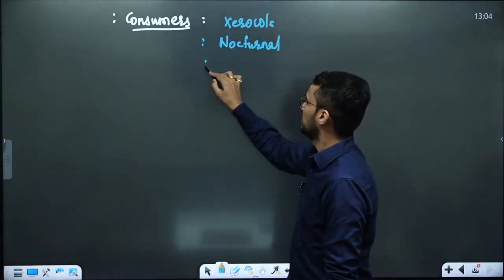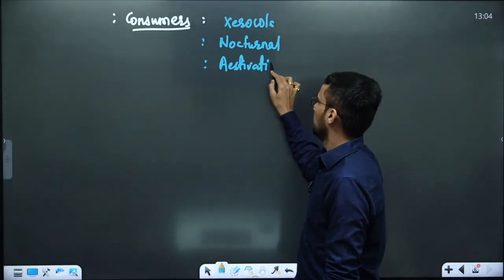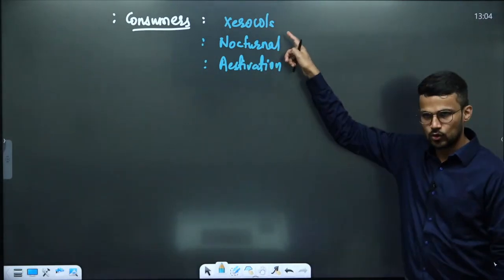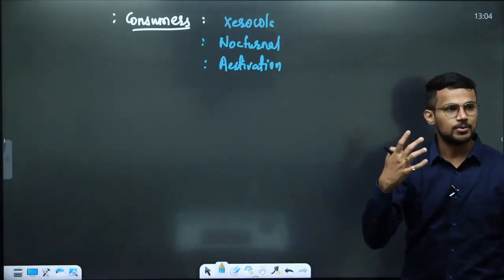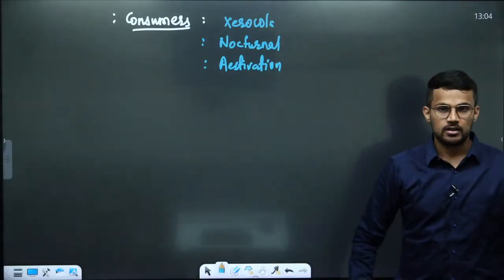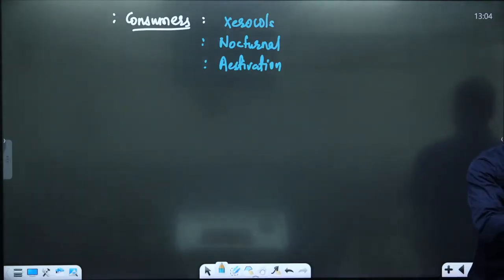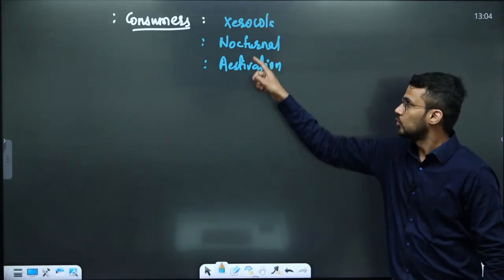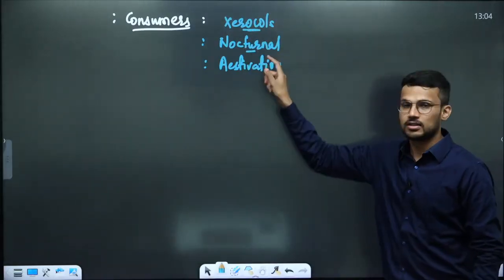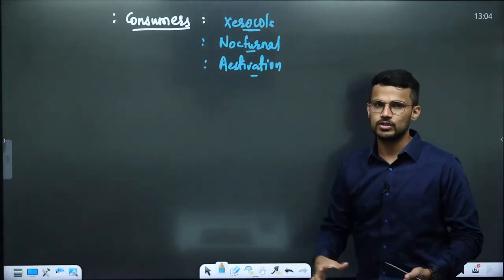They exhibit estivation, right? They will be adapted to drier conditions, urine concentrated hoga, right? Then they will be burrowing in nature, that means they will be living under the ground, right? So ये सारे features हमें xerocoles में देखने को मिलते हैं. Nocturnal means awake during night, and estivation which we have already discussed.